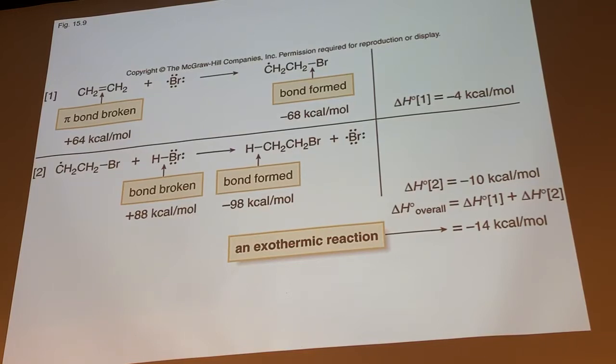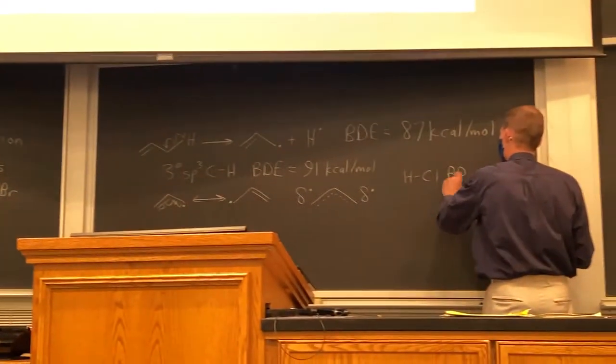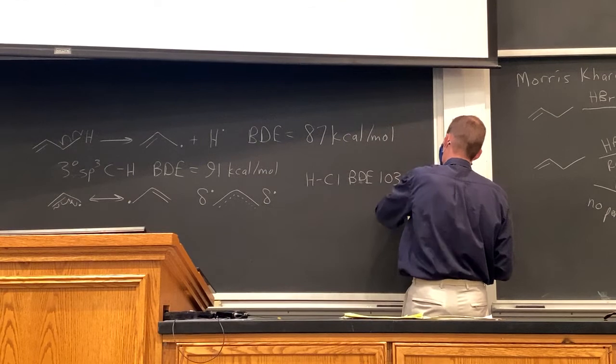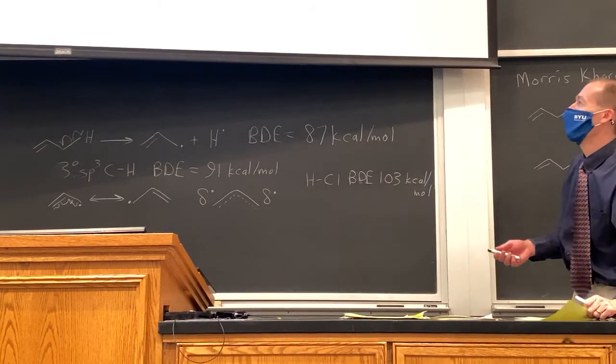This reaction only works with HBr. It does not work with HCl or HI. The reason is that one of these two propagation steps is going to be endothermic in both cases. So let's look at the bond dissociation energies. In HCl, the bond dissociation energy is 103 kcals per mole. So that's going to impact step 2.